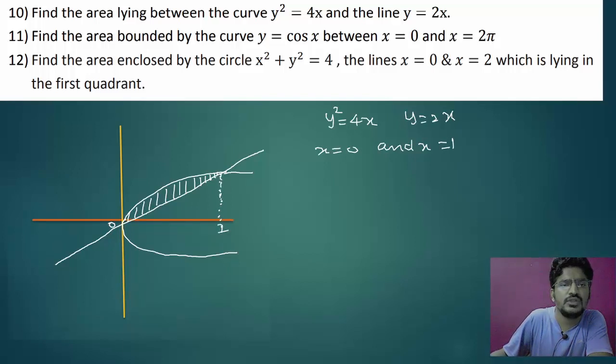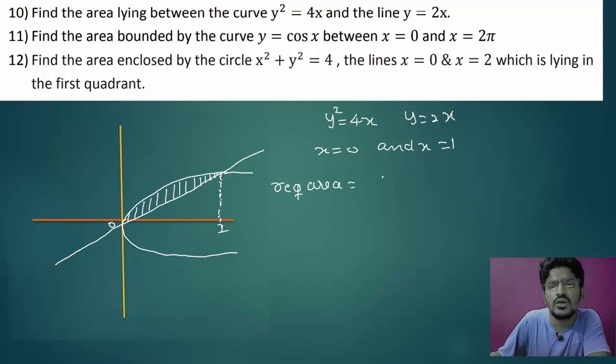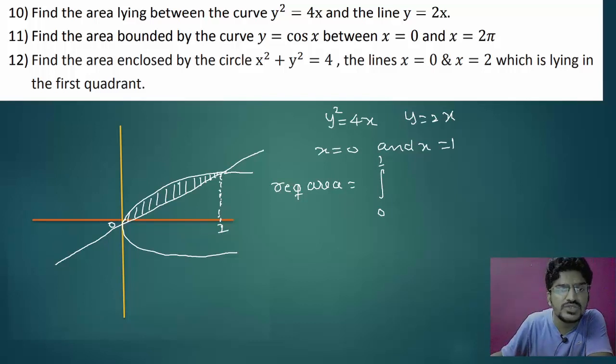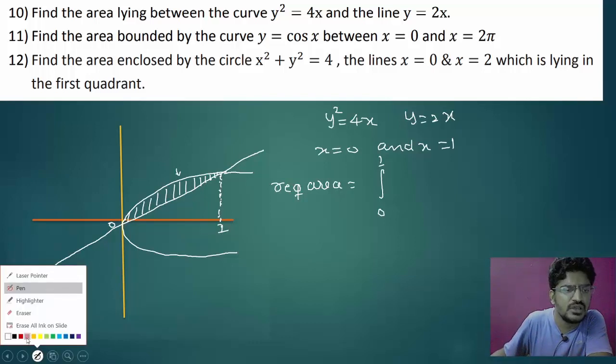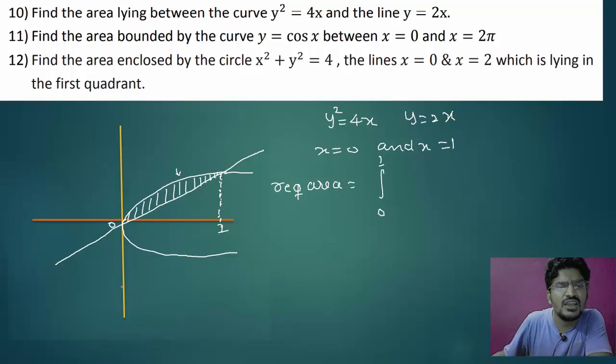Clear? So my dear students, here you must have a little bit of patience. Required area will be equal to integration from 0 to 1. Here you see, area under the parabola minus area under the line you have to calculate, because if you find the area under the parabola, you are going to get the complete area AOB, that is this area.